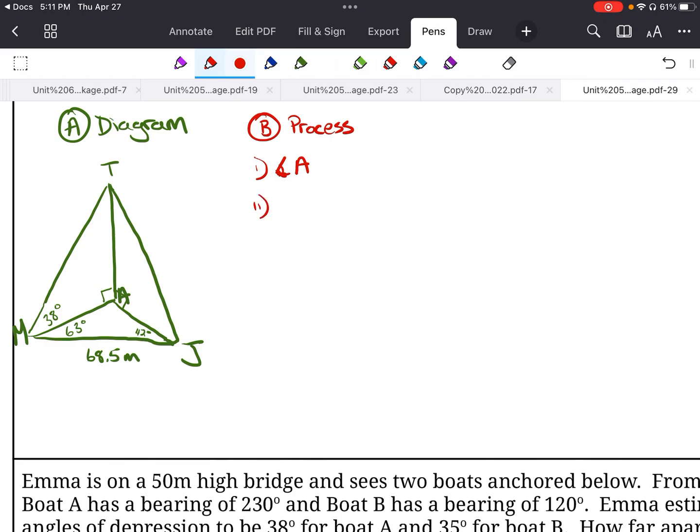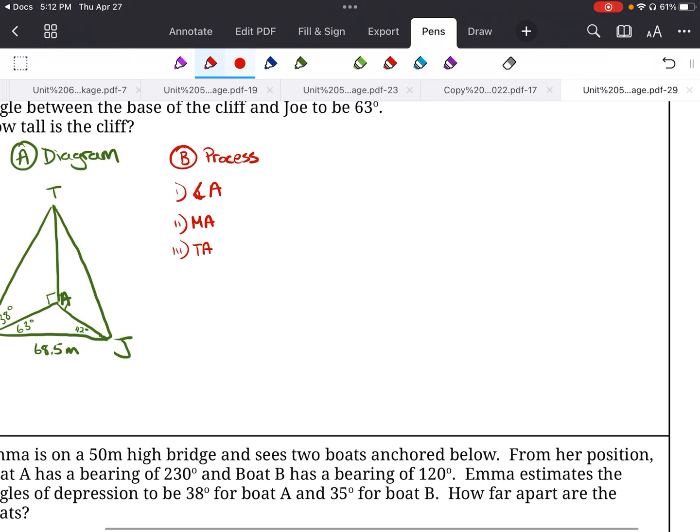Then we are going to have to find the side length of MA, so Manny and the base of the cliff. And then the last thing we're going to have to do is TA, so the height of the cliff. Okay, and then step C is to start solving.